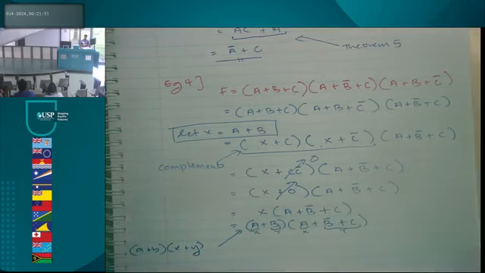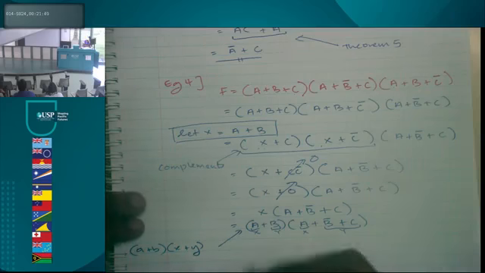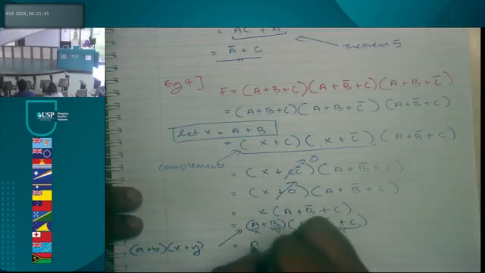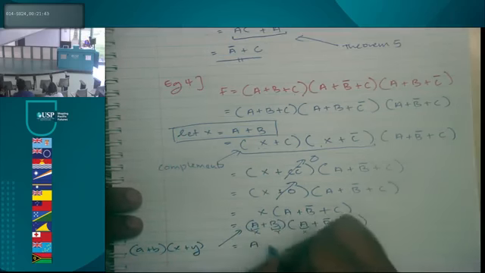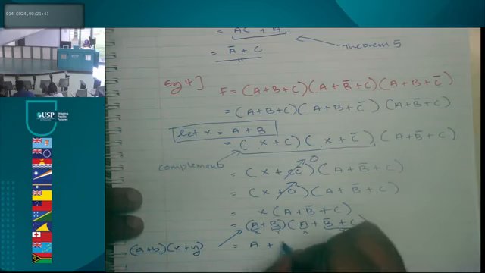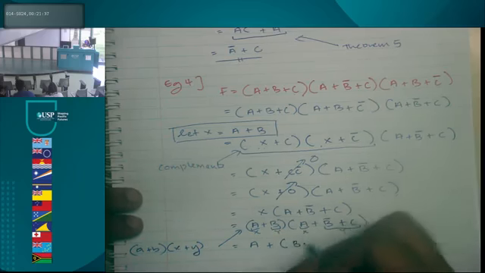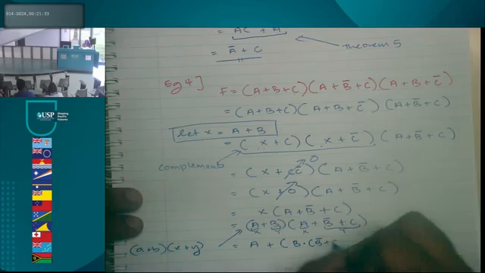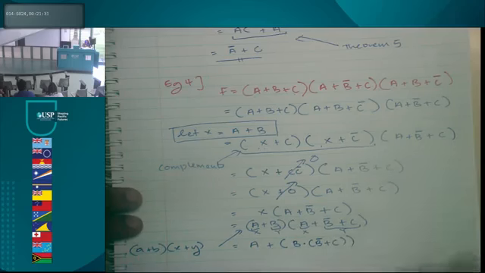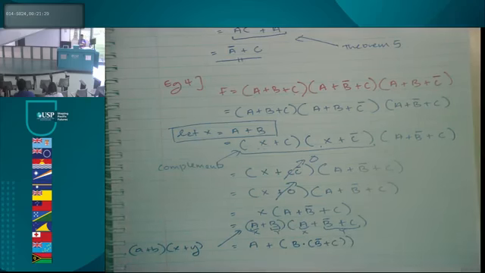Just see how this changes, okay? So this basically will change as A as X, or our Y will be B or B bar plus C. That's how the expressions change.